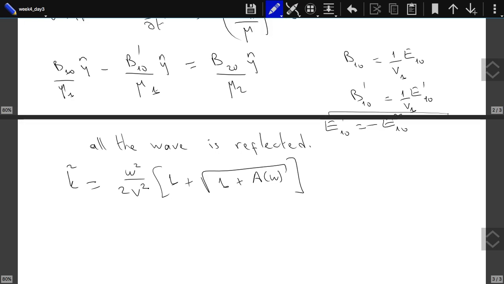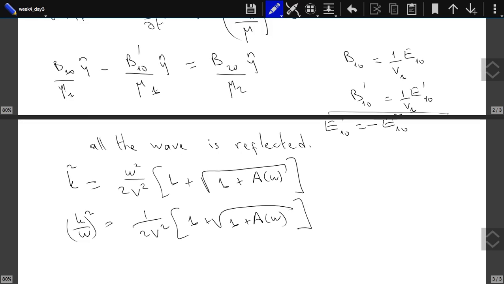Now the exact expression, I will not really need it. The thing is, you see, k is a function of frequency. That is what we basically call a dispersive media, a dispersion. It just tells me that k squared over omega squared is 1 over twice v squared, 1 plus square root of 1 plus a of omega.